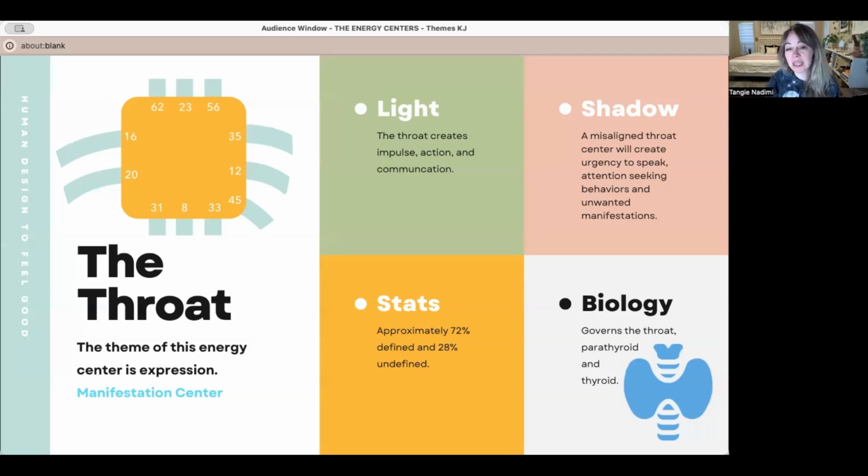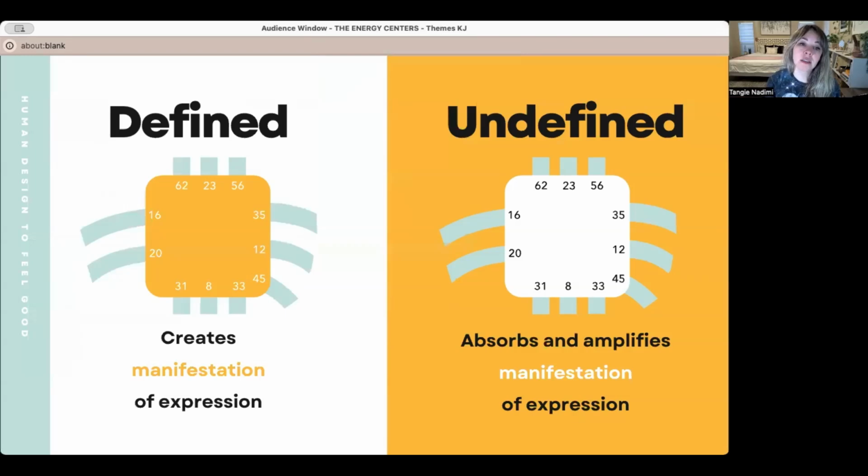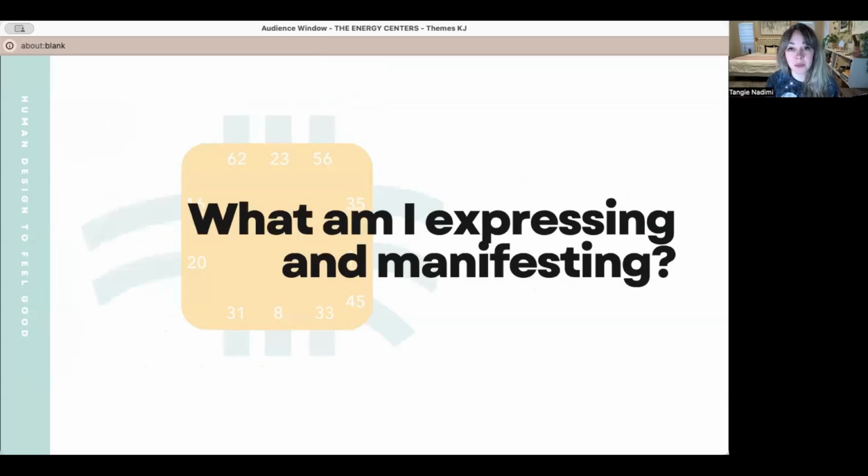It's more an energy of surrender with an undefined throat, which is the rare statistic. So reminder, defined throat creates manifestation of expression. Undefined throat absorbs and amplifies manifestation of expression. So the question here would be, what am I expressing and manifesting?